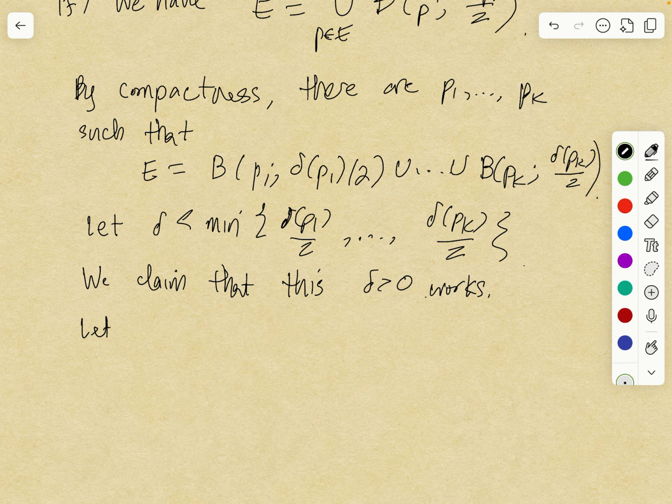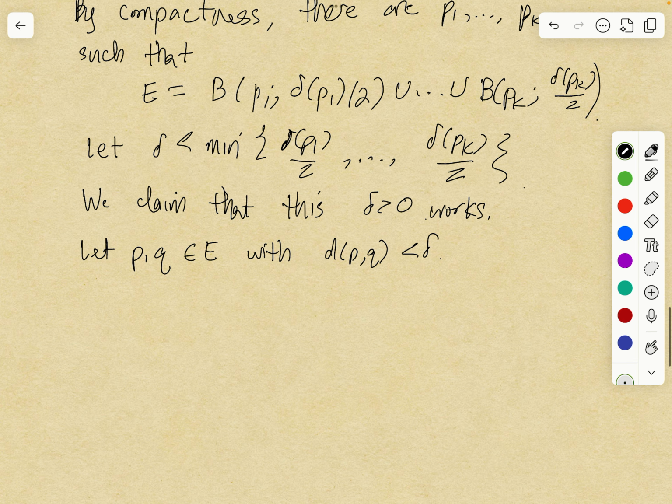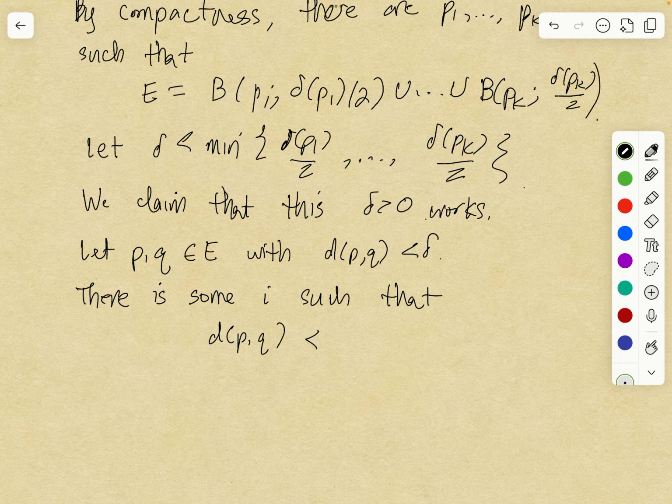So the reason is because now we let P and Q be in E with the distance between P and Q less than delta. So we know that E is the union of these blue open balls, so we just say there is some i such that the distance between P and Pi is less than delta of Pi over 2.